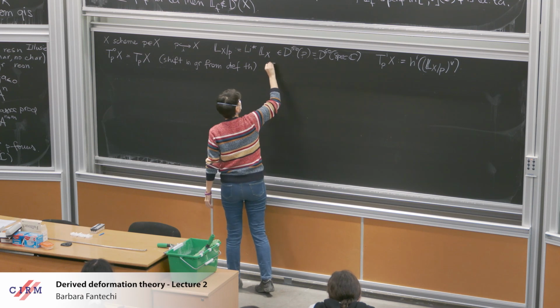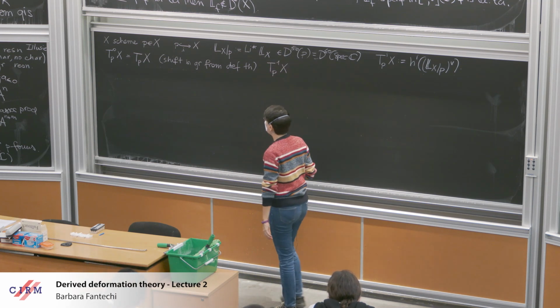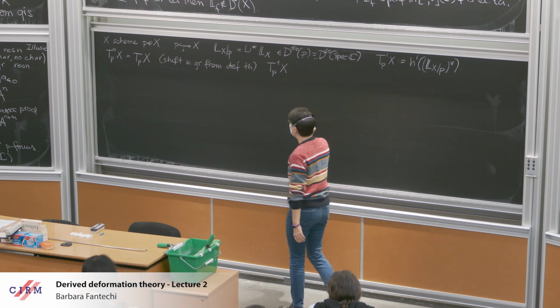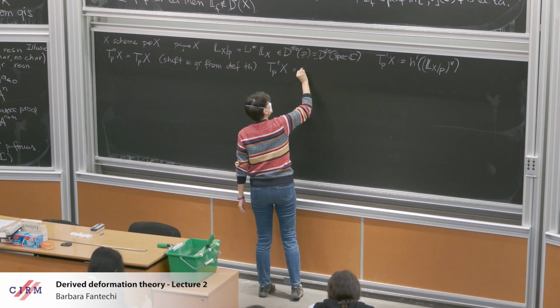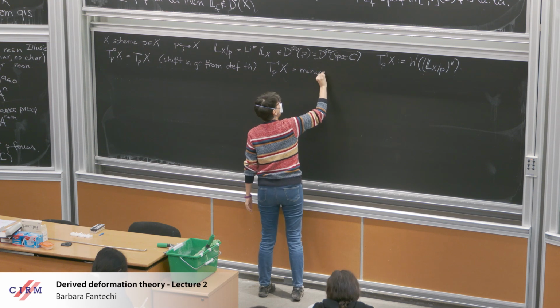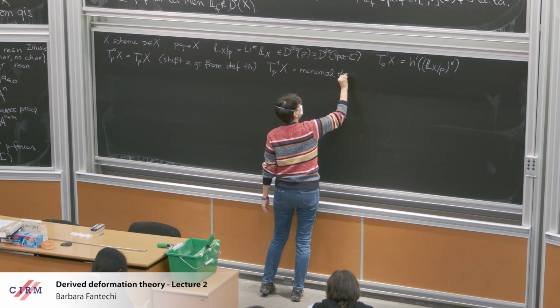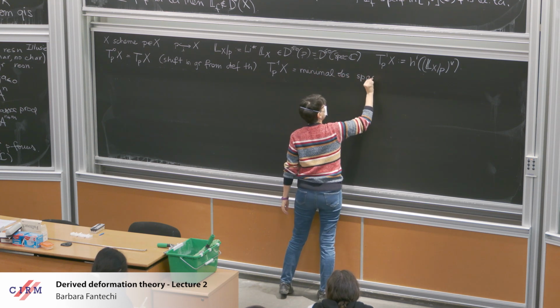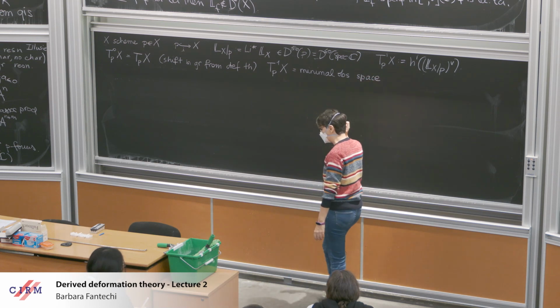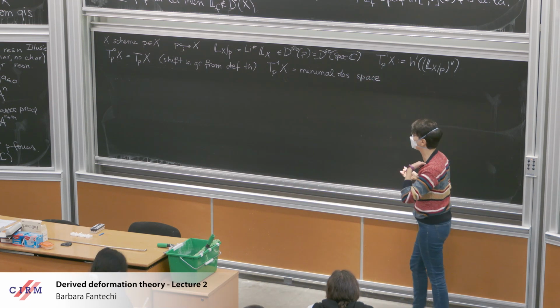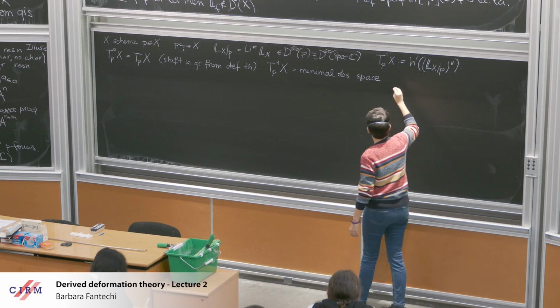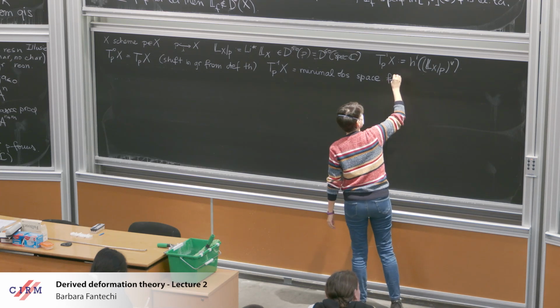And there is another one which is useful, which is this one. And this is the famous minimal obstruction space. I told you that in general, under suitable conditions, many deformation functors have this.